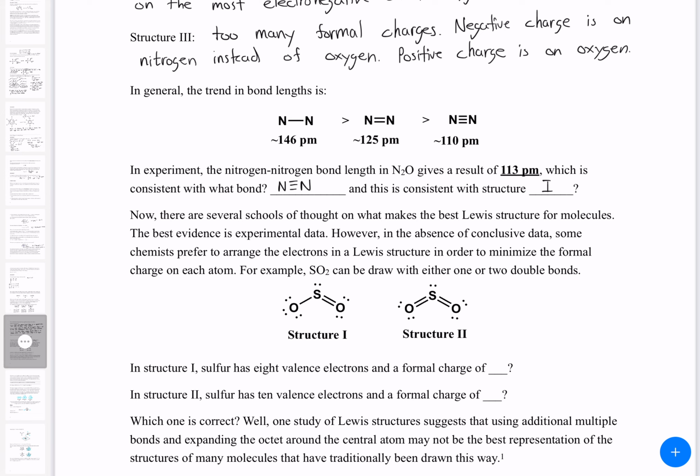Now, sometimes we can draw structures that don't obey the octet rule. So, in my opinion, I don't mind what way of thought you think about these structures. If an atom can expand its octet, you're perfectly fine to draw an expanded octet. But you're also fine if you want to leave the atom as an octet, and we'll go into what we mean in discussion and also today. Okay.